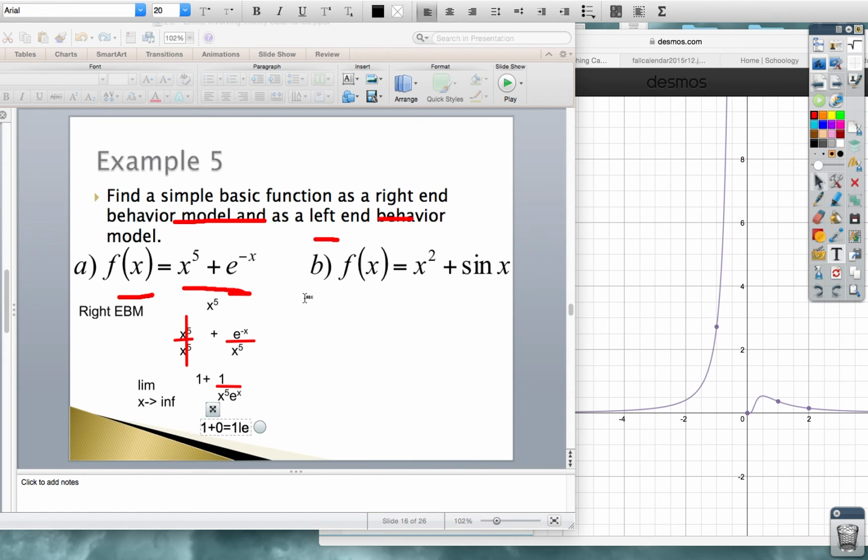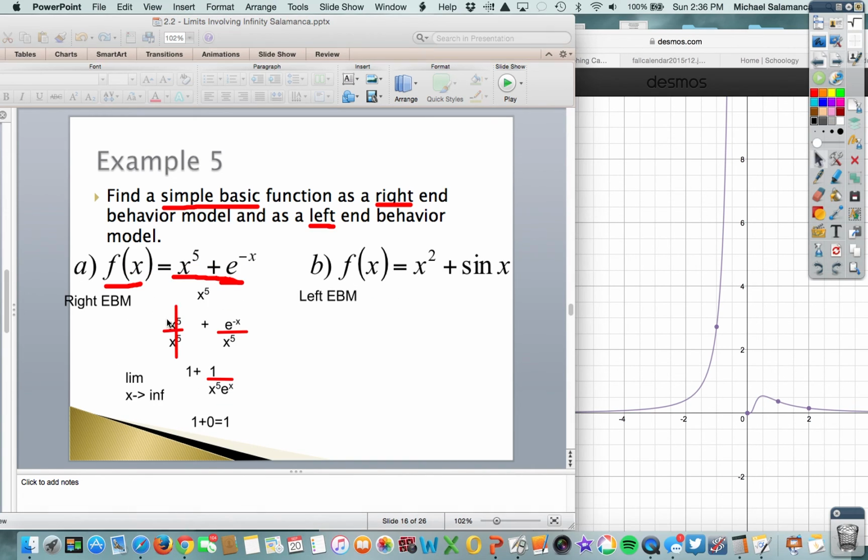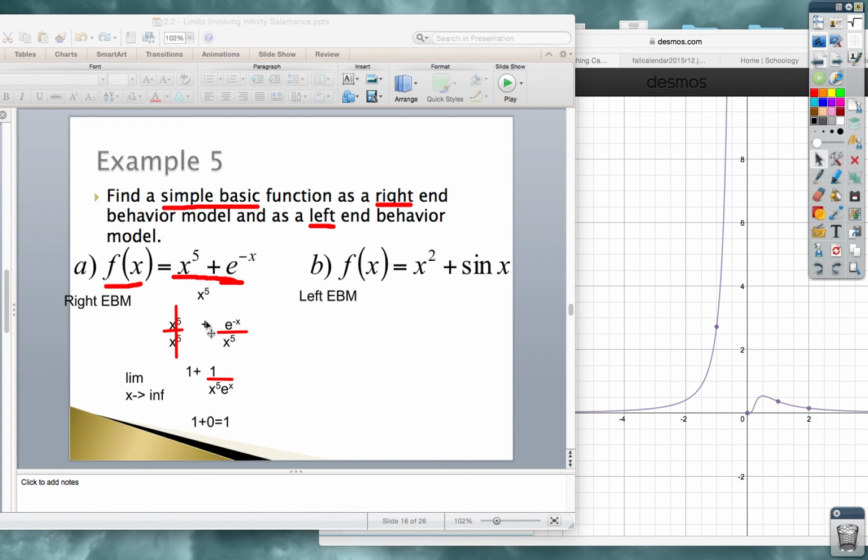For the left end behavior model, or EBM, instead of dividing by the left object, we're going to divide by the right object. So what we're going to have here is, trying to copy this really quick.